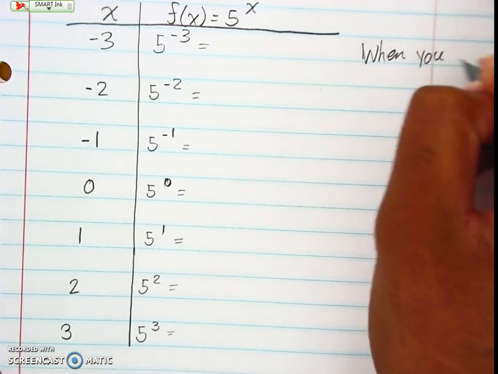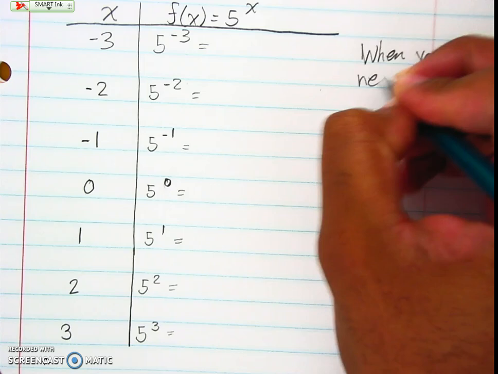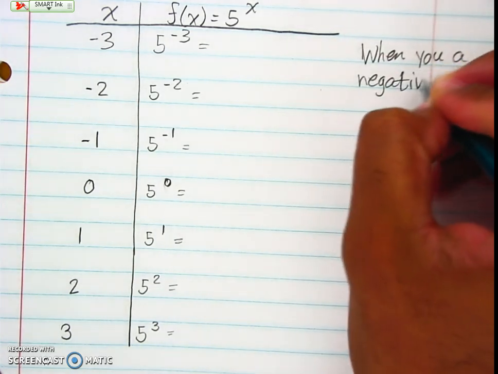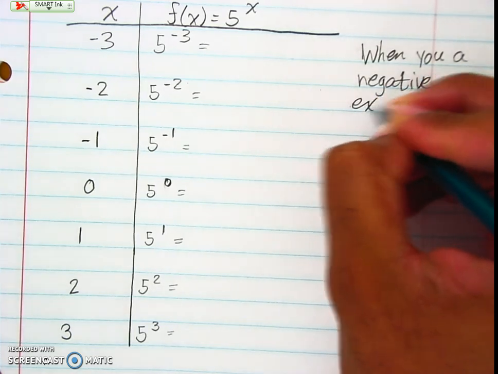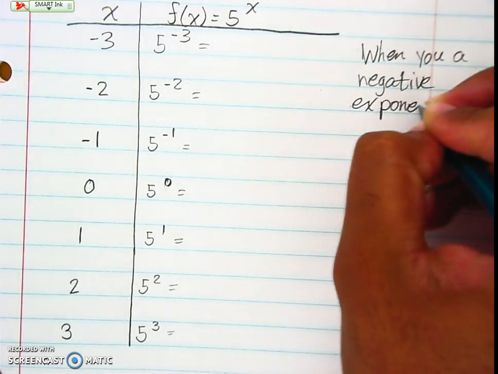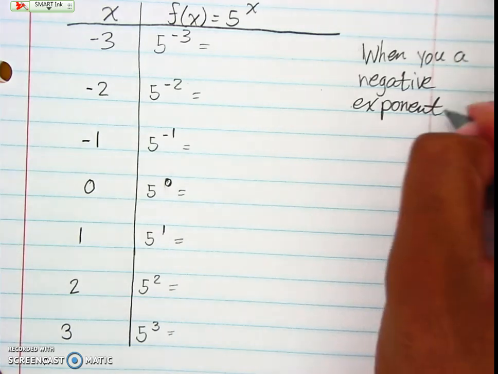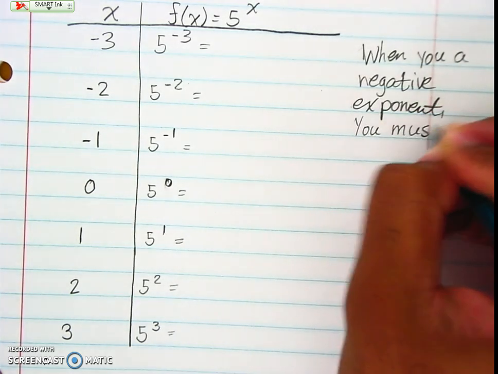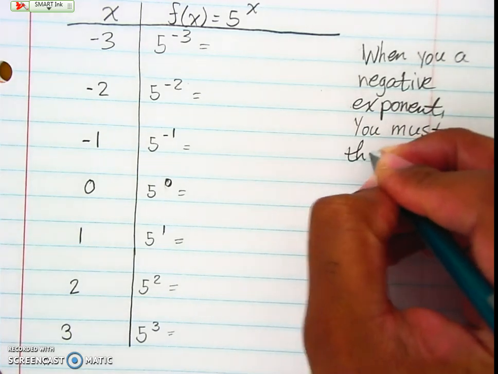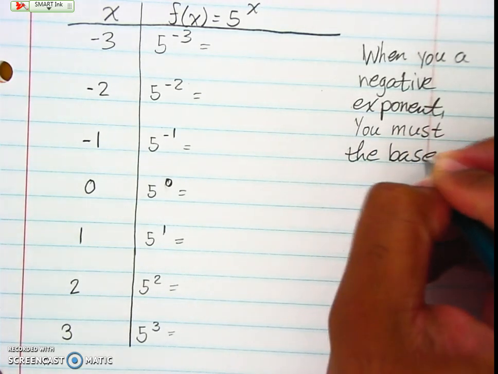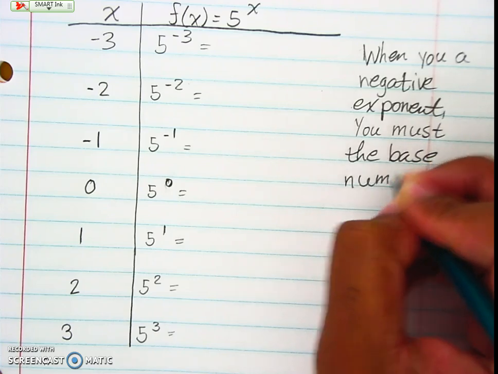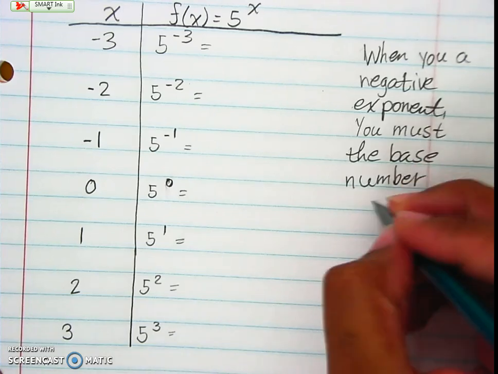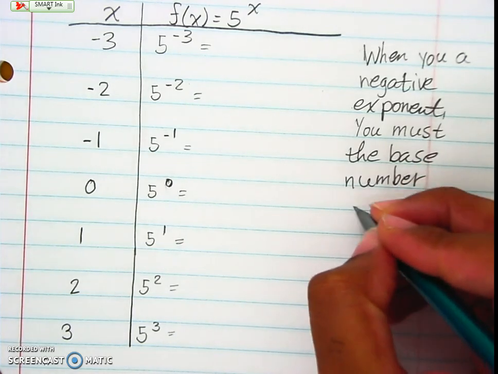When you have a negative exponent, you must flip the number, the base number, the big number.